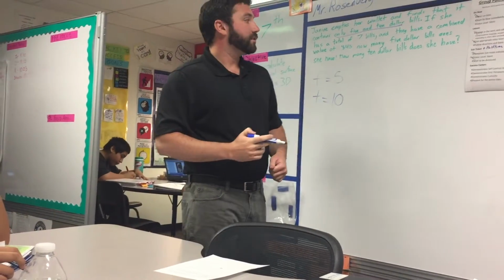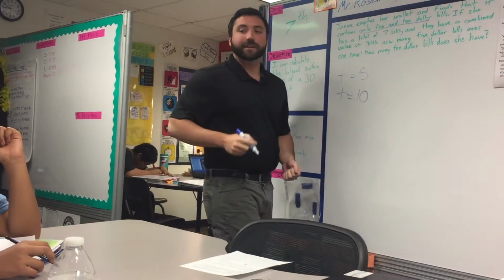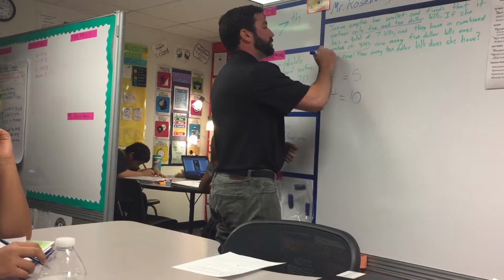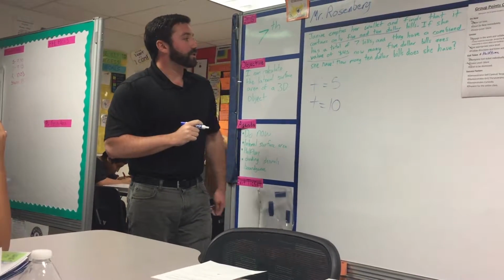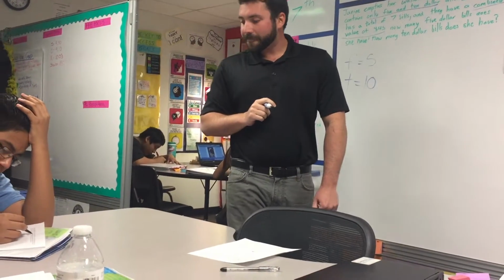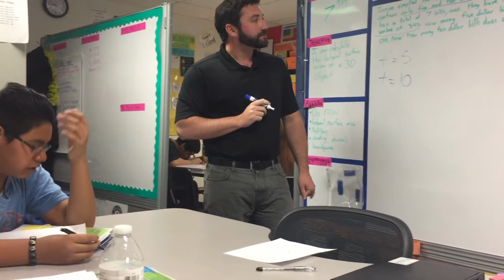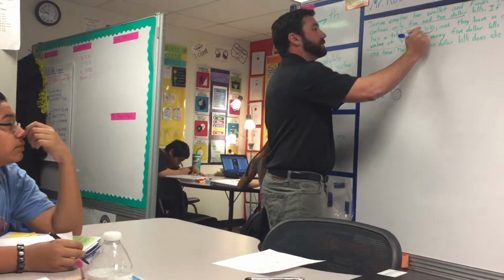She has a total of $45. So the combined value of the $5 and $10 bills is $45, right? And what else do we know about this problem? She has a total of 7 bills.